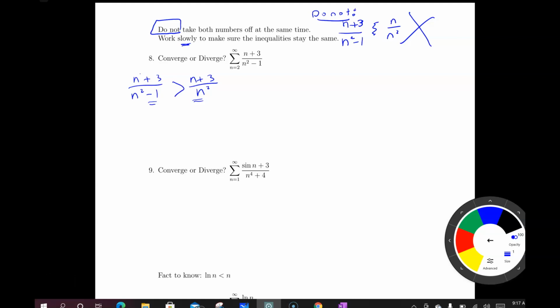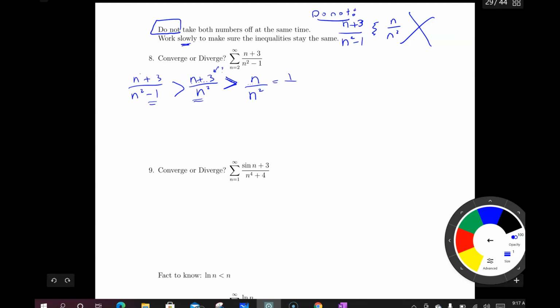Okay, so now can I take this 3 off, is the question, and keep the inequalities going in the same direction? I need the inequalities in the same direction. Is it true? So go slow and think about it. Is it true that n plus 3 is larger than n? Yes, it is. So I can do this inequality.